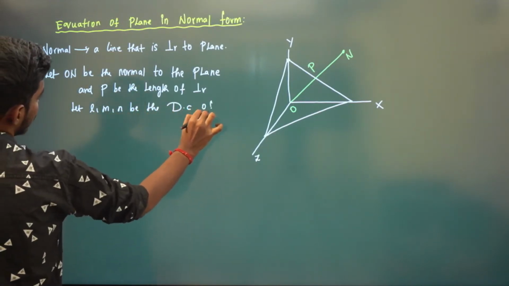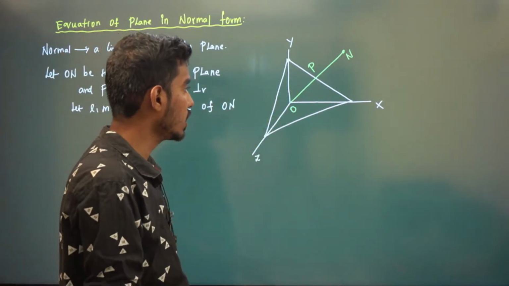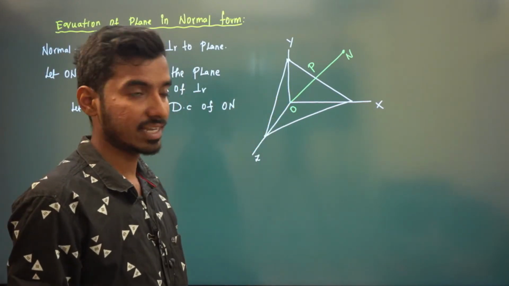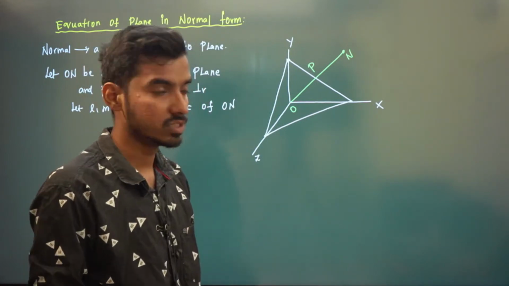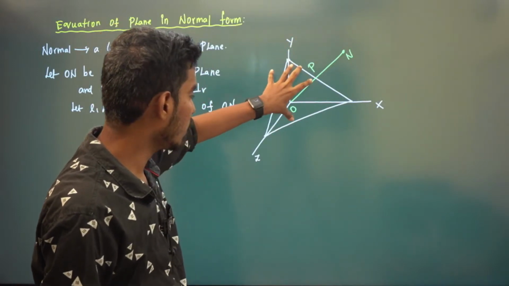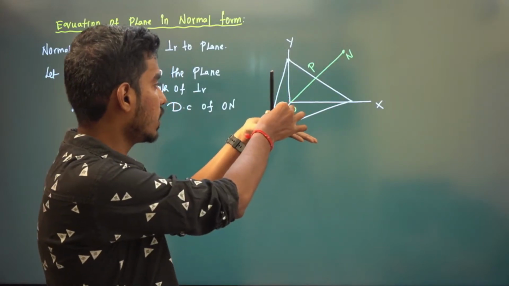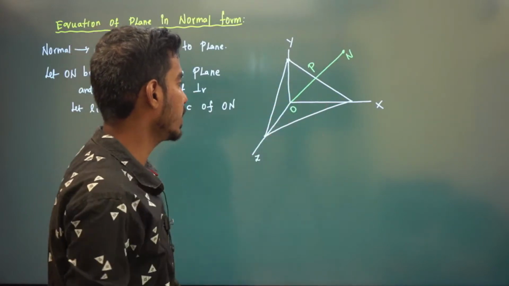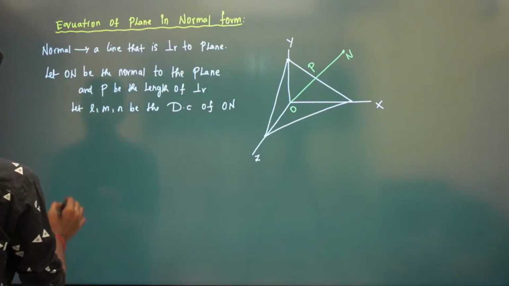So this has some direction angles alpha, beta, gamma with the x, y, z axes respectively. The cosines of alpha, beta, gamma are called direction cosines. So we have assumed three things: ON is the normal to this plane, P is its length, and it has direction cosines L, M, N.